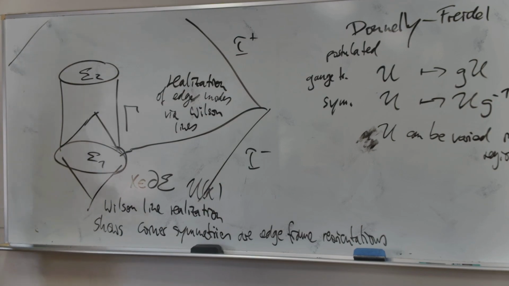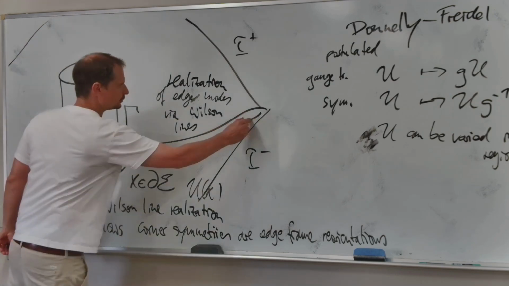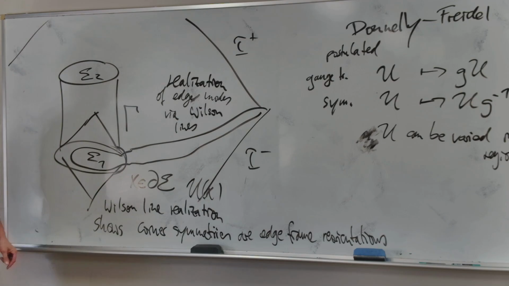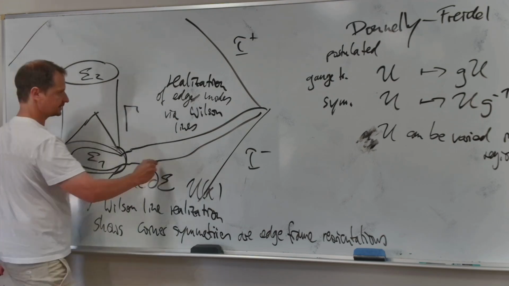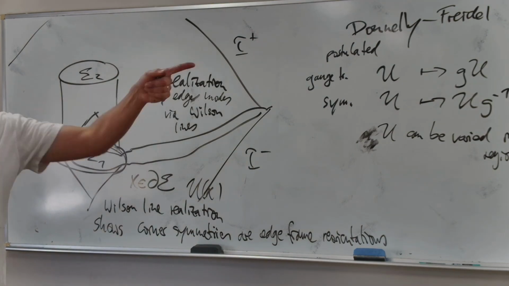Okay? In particular, maybe I have 2 Wilson lines here, and I can address a half Wilson line here with it, and then I get basically a Wilson line that is asymptotically connected to the boundary.